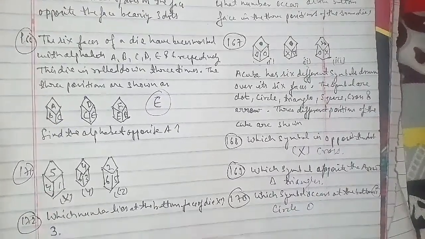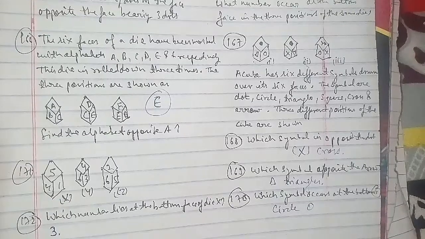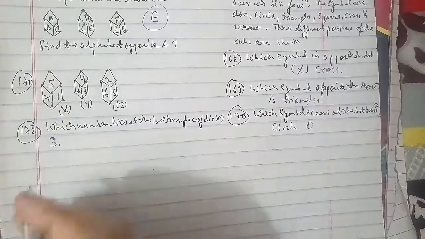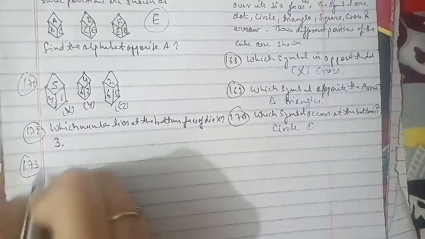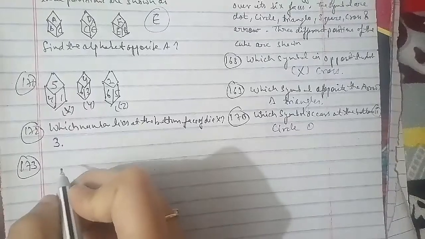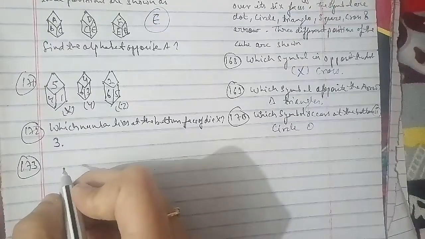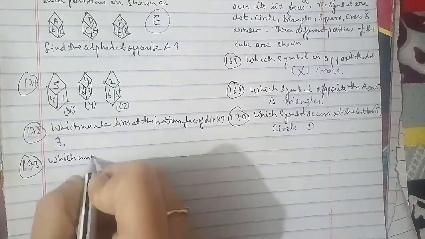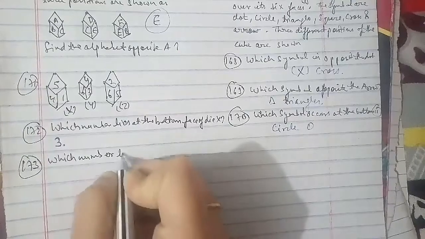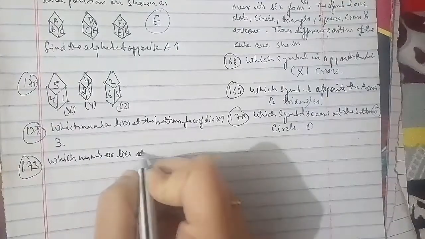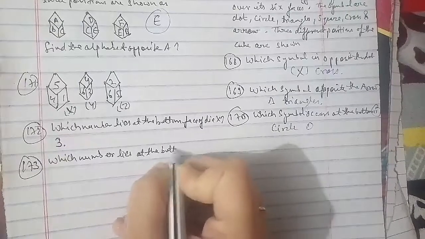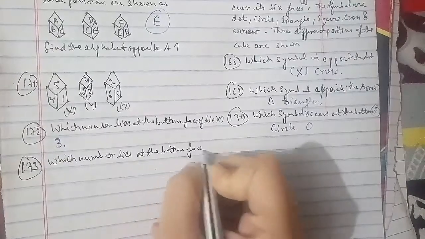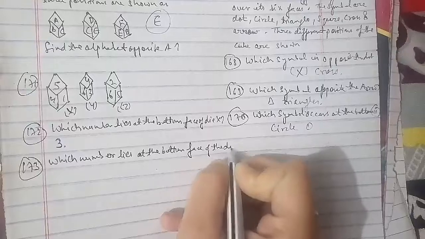Let's go ahead with the next one, the 173rd question of the session. The question is, which number lies at the bottom face of die Y? The options we have here are 6, 5, 2 and 1.